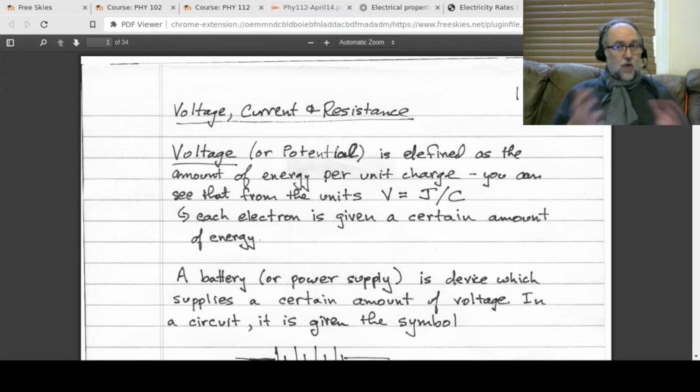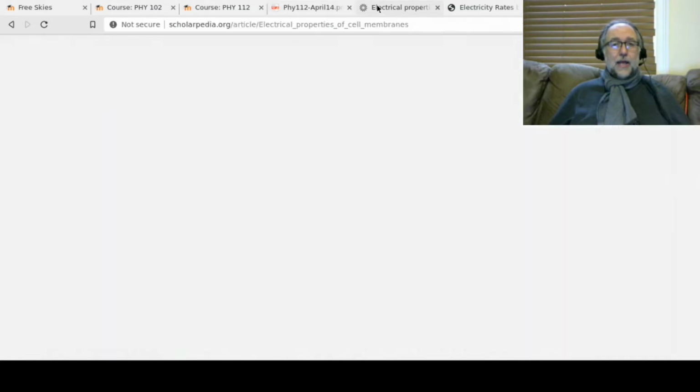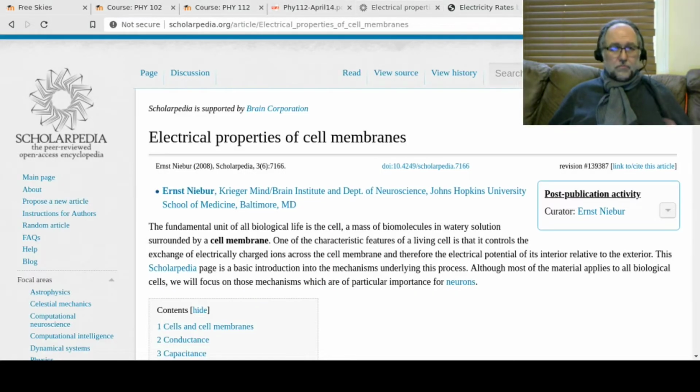This actually is much broader than that, and you can talk about the electrical properties, for instance, of biological systems like cells. Just to give you an example, that's beyond the scope of the course, I just Googled for electronic properties of cell membranes, and there you could see this website called Scholarpedia.